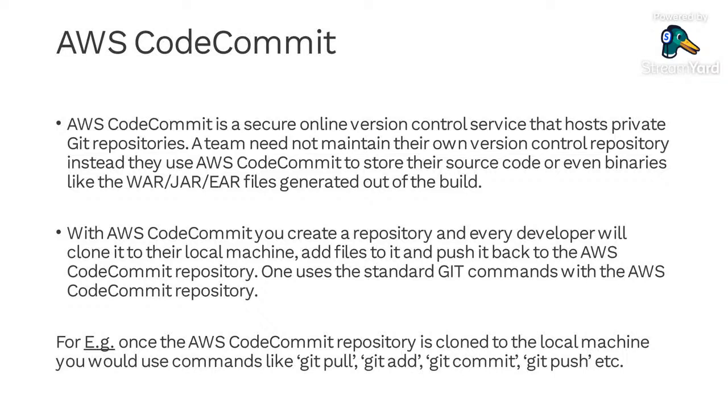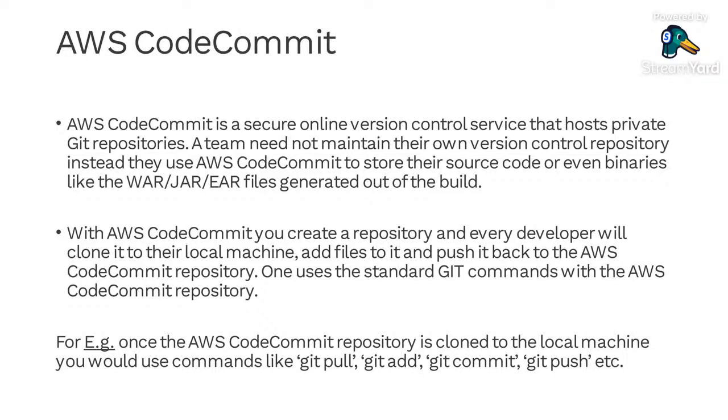Once their work is finished, they can create a request to merge that branch into the specific branch, or we can say the master branch. If there is a conflict, we can visualize the conflict in our AWS CodeCommit repository itself, resolve the conflict there, and merge the code.